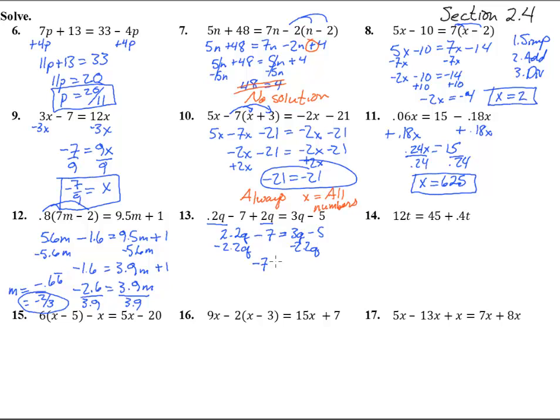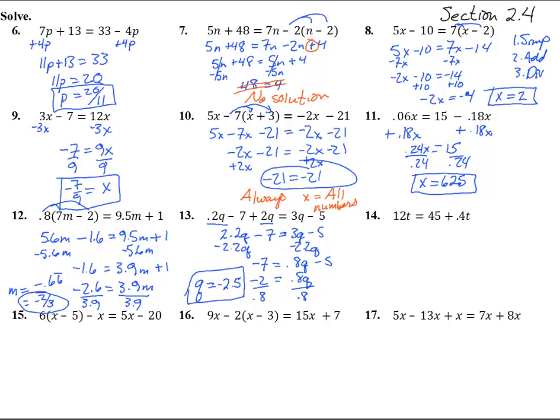We get negative 7 equals 0.8q minus 5. Add 5 to both sides, and we get 0.8q equals negative 2. So now we divide by 0.8, and we get that q must equal negative 2 divided by 0.8, which is negative 2.5.